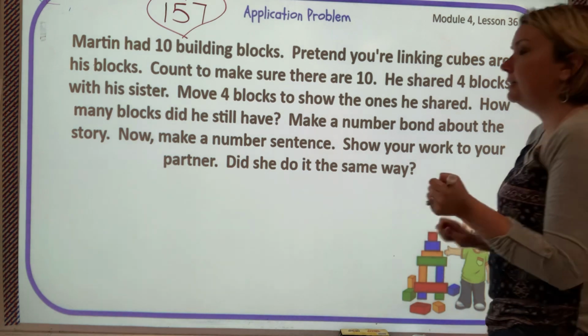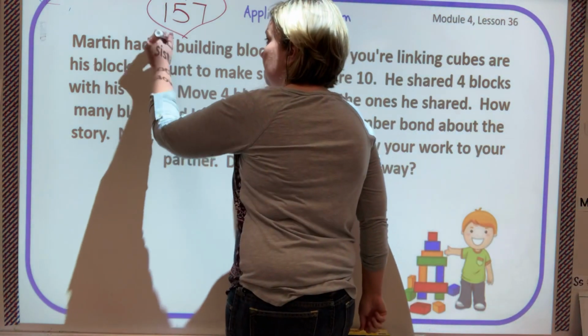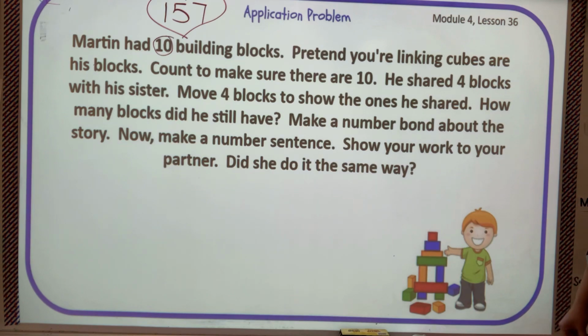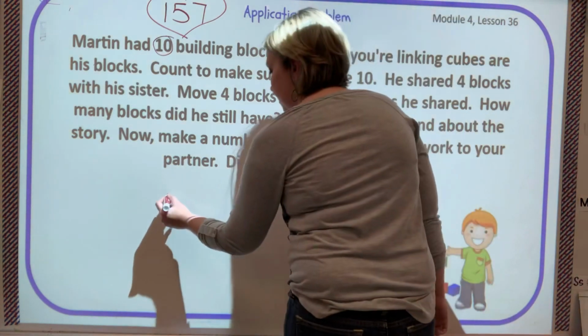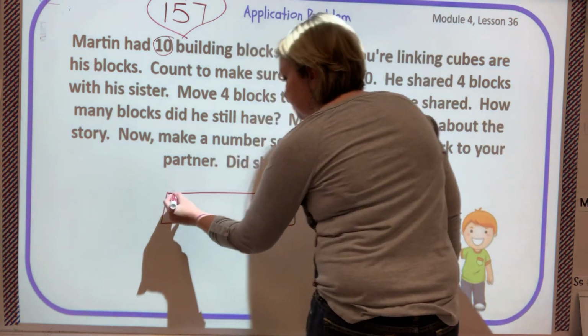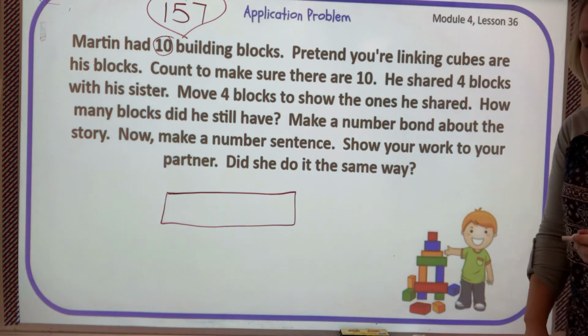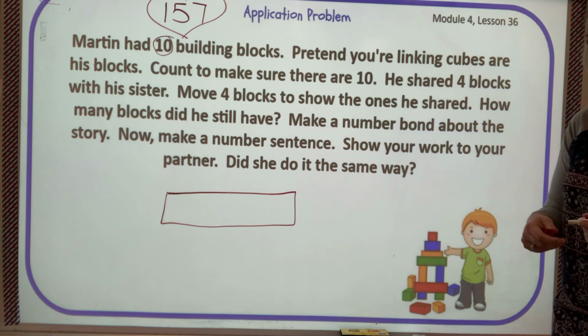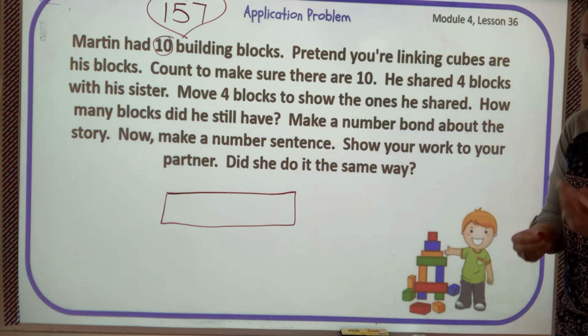Martin had 10 building blocks. So if you have your linking cubes, I would show 10. That's what I'm going to do. I'm going to draw a rectangle. And remember, when you're wanting to show a number, draw one less many lines.